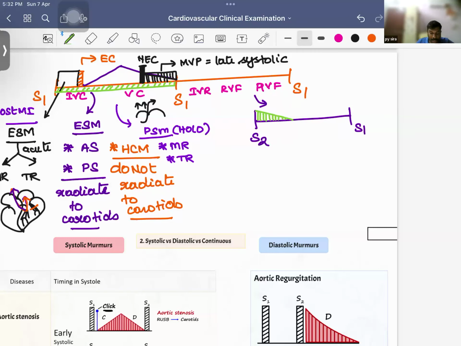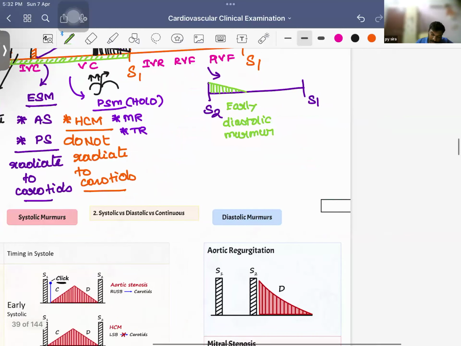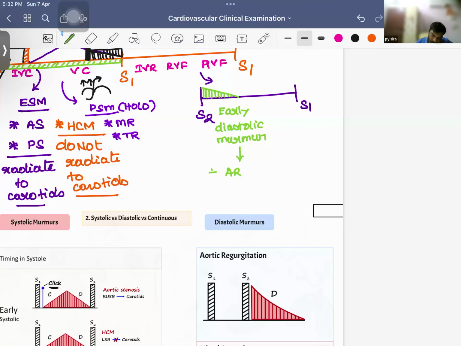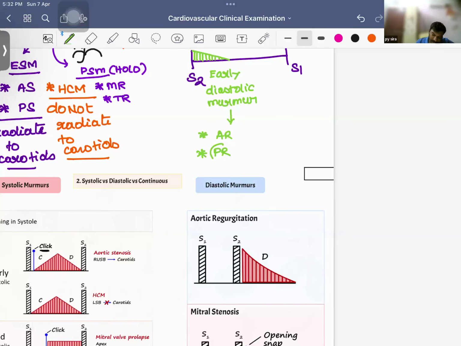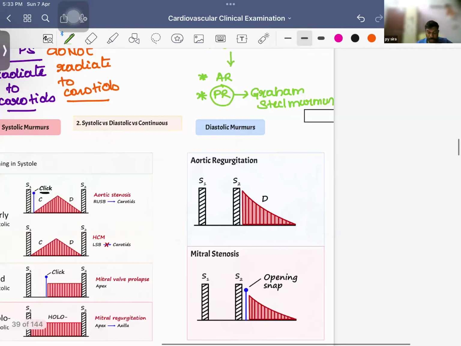This is called an early diastolic murmur, a decrescendo pattern of murmur, seen in aortic regurgitation and pulmonary regurgitation. This pulmonary regurgitation murmur is also called the Graham-Steell murmur.